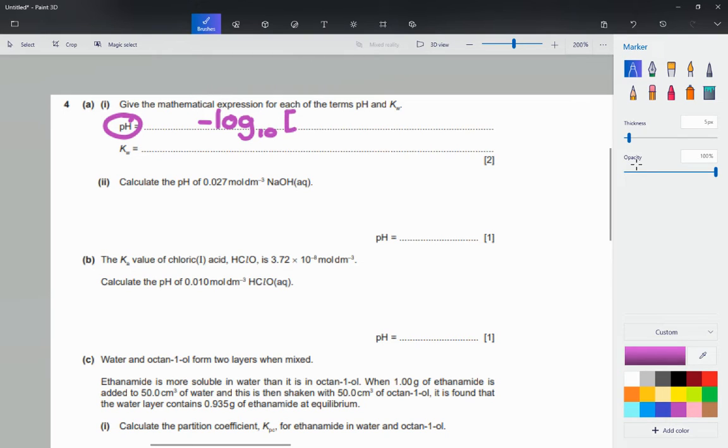I always like to do it because I just like to be a little bit thorough. And you have to multiply that with the concentration of H plus that is within your solution. So that's the answer to that one.